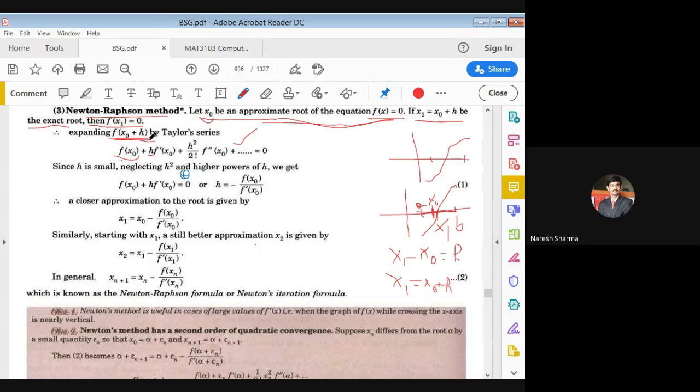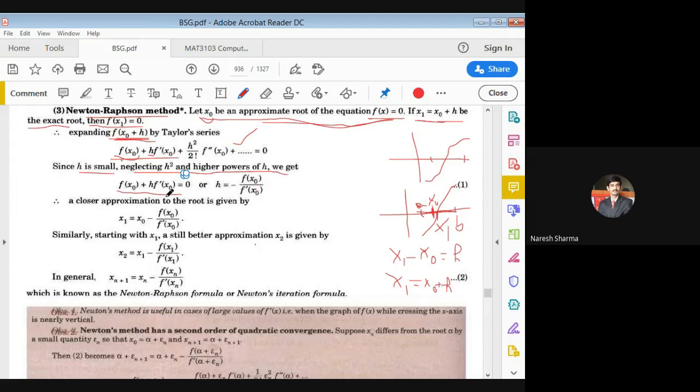As h is a very small quantity, we always neglect the higher terms of the small quantity, so we neglect the higher powers of h: h square, h cube, and so on. After neglecting, we are left with only the first two terms of this series, that is f(x0) plus h f dash x0 is equal to 0.